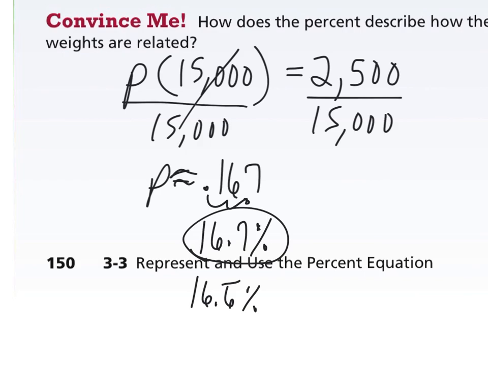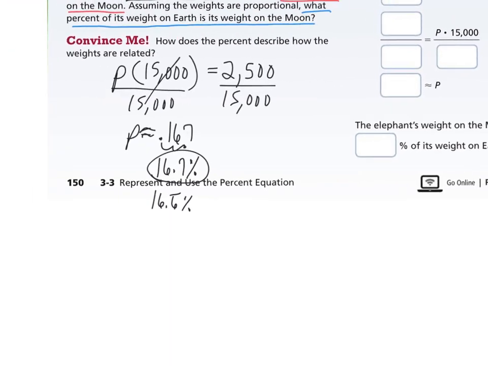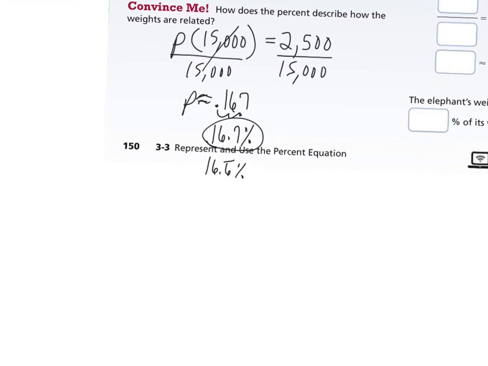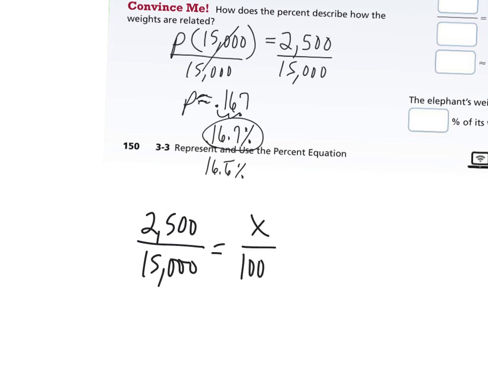Another thing you could do besides this is you could do this as a proportion like we did in the last section. So you could have 2,500 over 15,000 equals x over 100. So this is like the part over the whole, like we did in the last section. And then you might notice if you do 15,000 divided by 100, that would be 150.